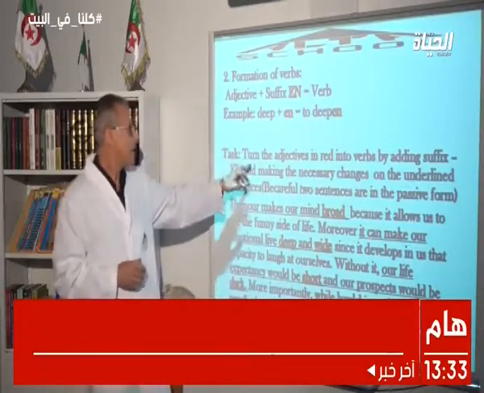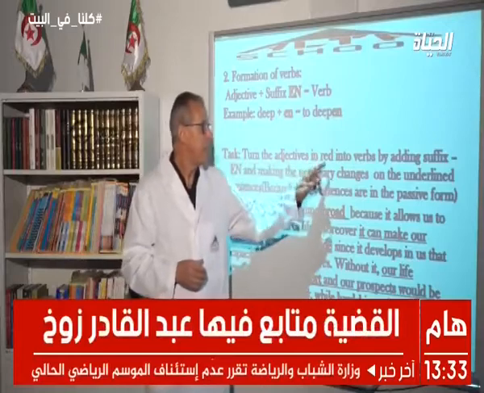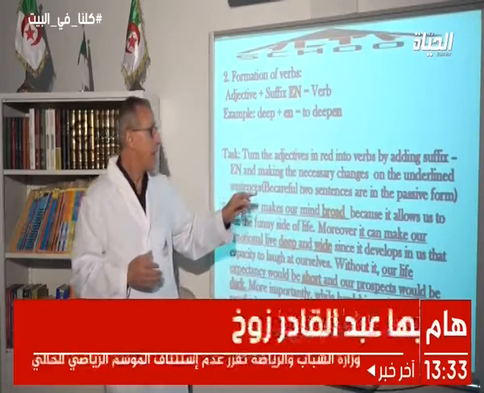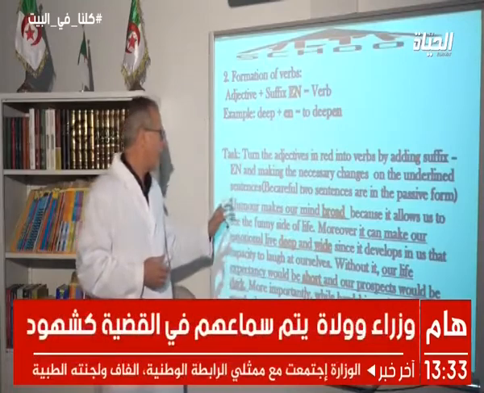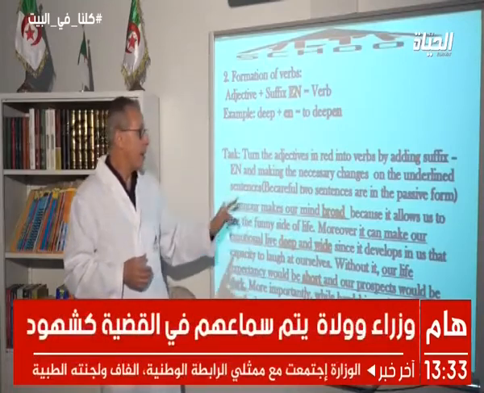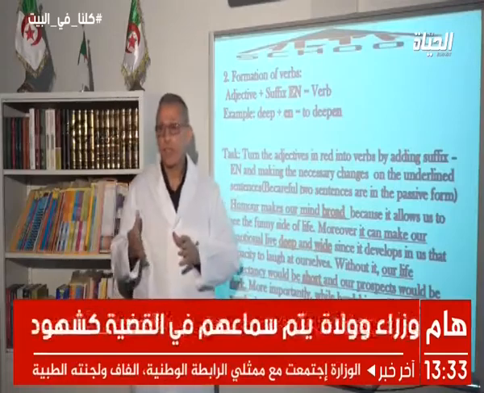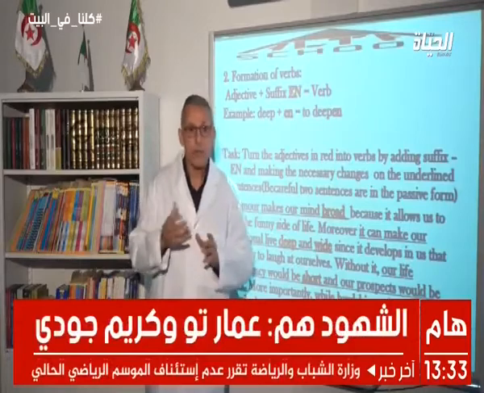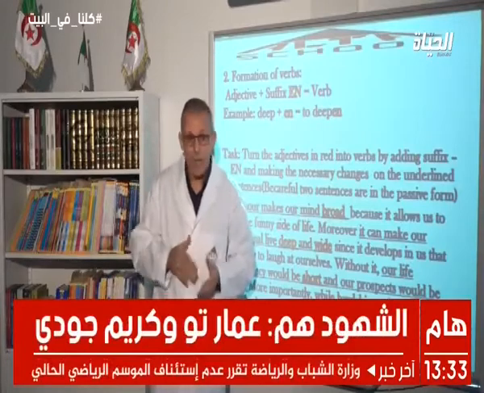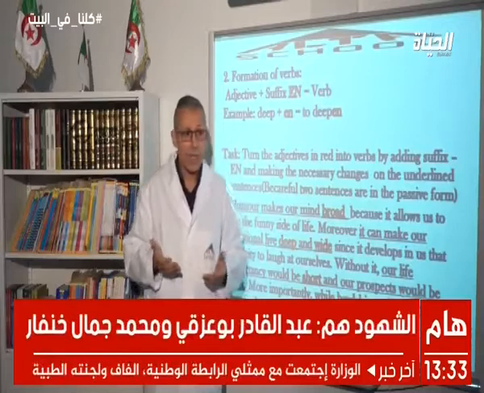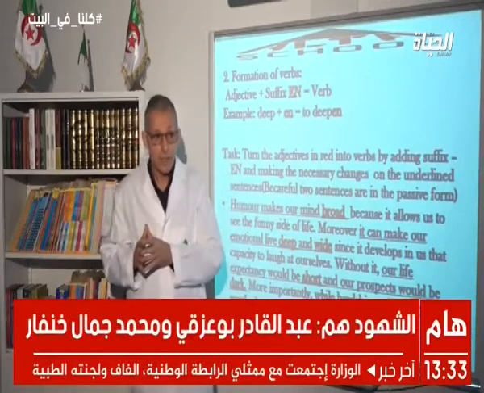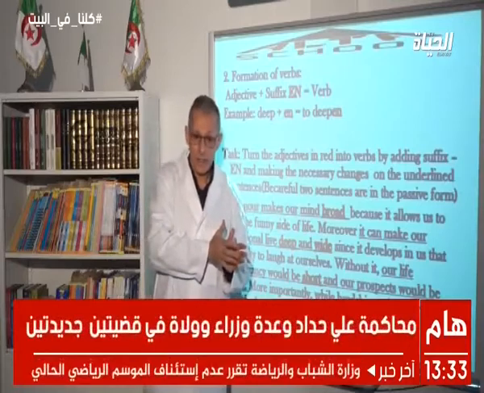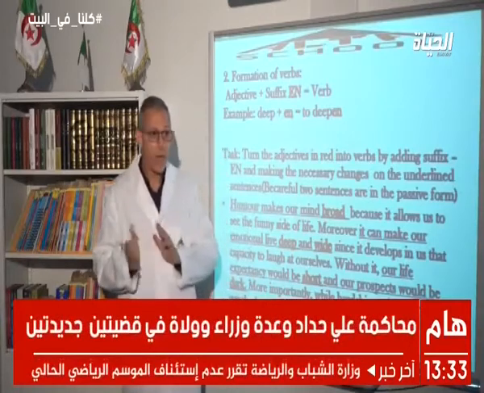So, in this task, turn these adjectives in red color into verbs by adding suffix en and making necessary changes on the aligned sentences. Be careful when you change these adjectives into verbs. Automatically, you have to make some changes at the level of the sentence. It's something you are obliged to do because verbs are not used the same way as adjectives, right? That's why you have to make changes.